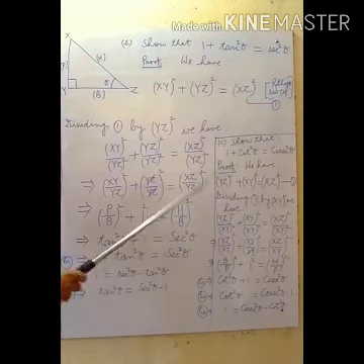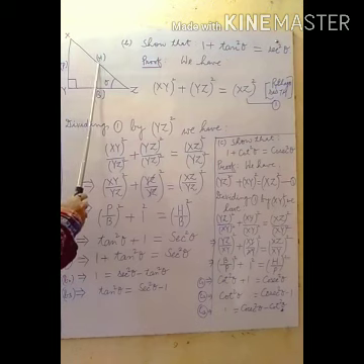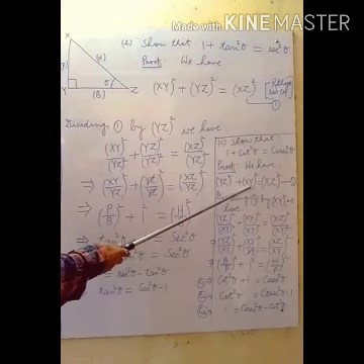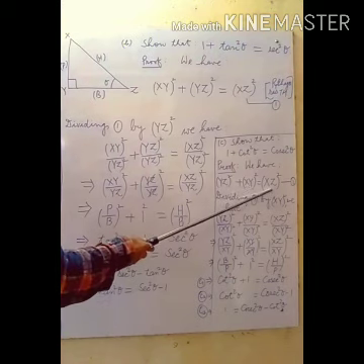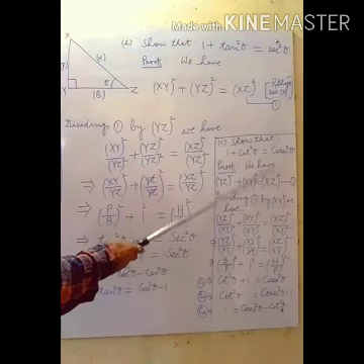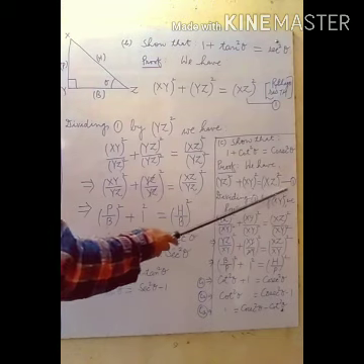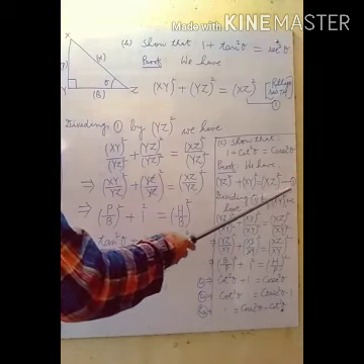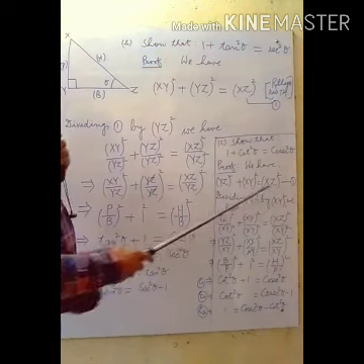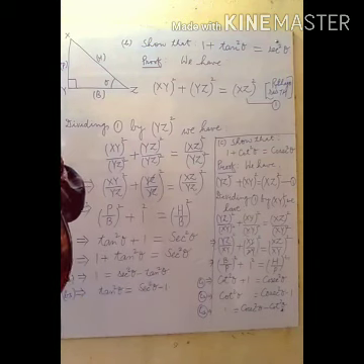So same Pythagoras theorem: yz whole square plus xy whole square, square of this side plus square of this side, equal to square of the hypotenuse. It becomes yz whole square plus xy whole square equals xz whole square. And here you write the reason, that is Pythagoras theorem, as every right angle triangle follows the Pythagoras theorem.